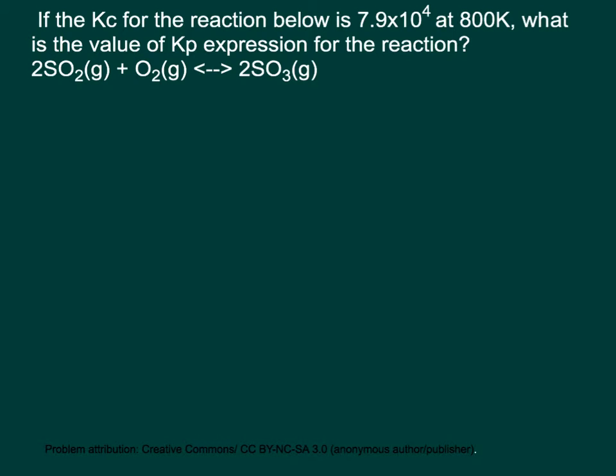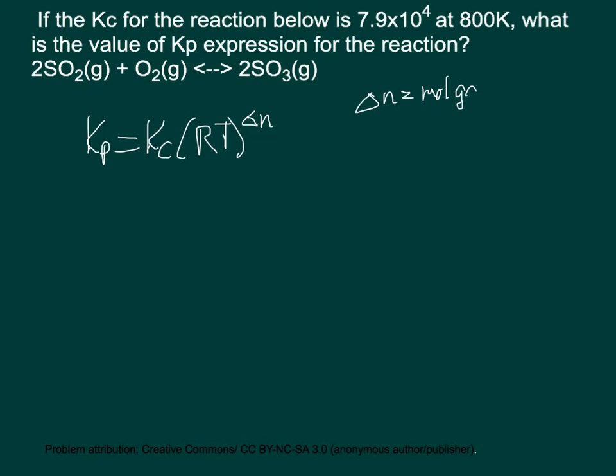We need to use the following equation, that Kp equals Kc times (RT) raised to the delta n, the change in moles. And that delta n equals moles of gas in the products minus moles of gas in the reactants.